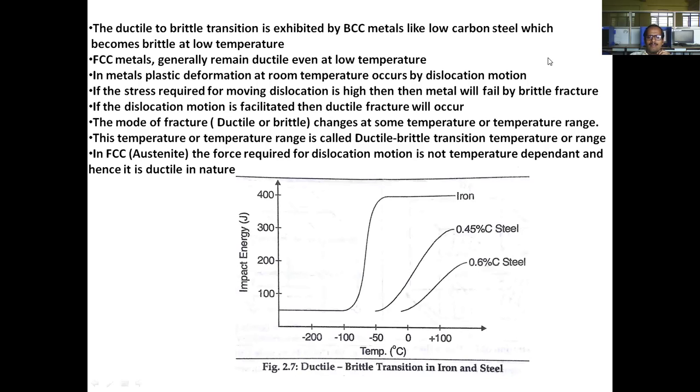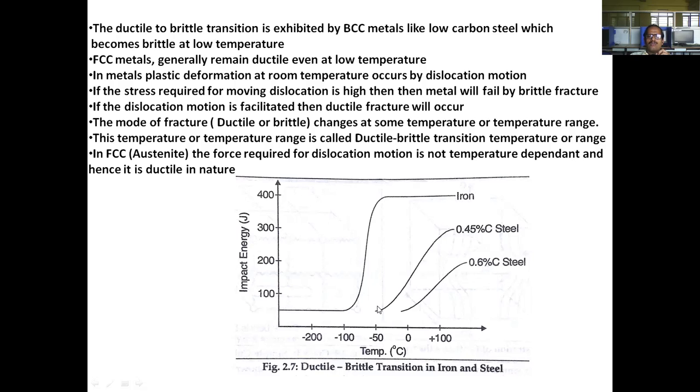So this is the plot for different types of steels which differ in percentage of carbon. Here we have the plot for iron. You could see this zone is called the transformation zone, the ductile to brittle transformation. Above this, we have complete ductility, and below this there is brittle failure.